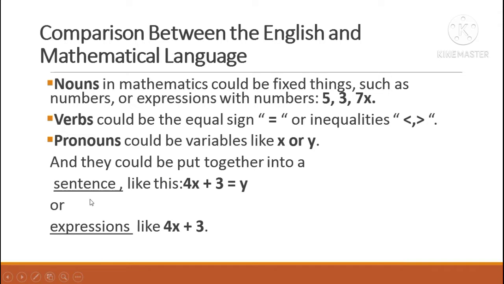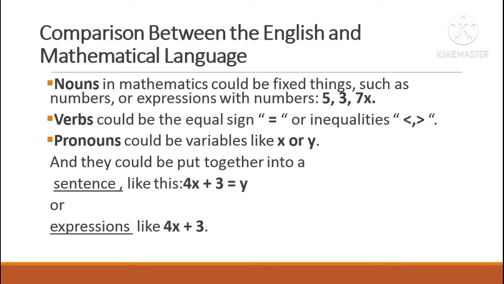So, kapag sentence na class, yung ating mathematical language, this is the example. Magiging ganito yung tsura niya: 4x plus 3 is equals to y. Pag sama-sama yung nouns, yung verb, and the pronouns, yun yung tinatawag natin na sentence.